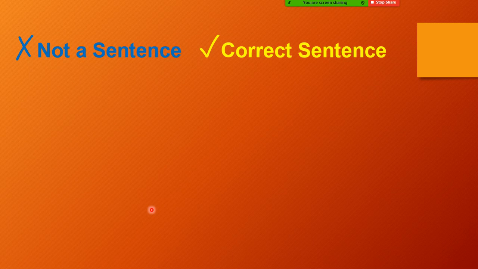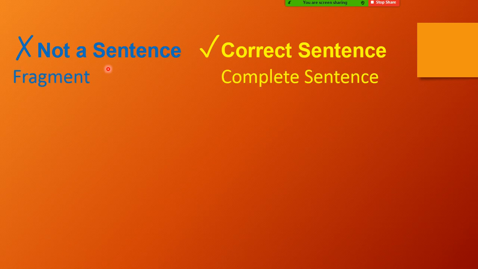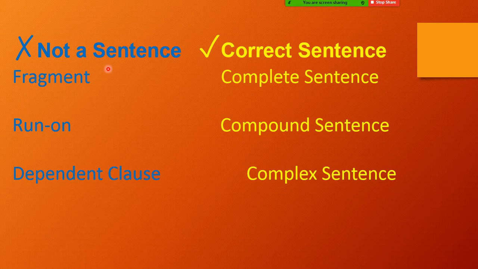Now, we have two types of sentences. Sometimes we have a complete sentence, which we say is a correct sentence, and we have part of a sentence that doesn't give me a complete meaning, which we say is not a sentence. The dependent and independent are clauses, which are part of the whole sentence itself.